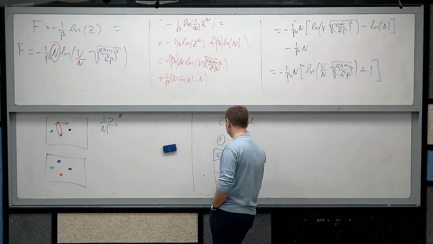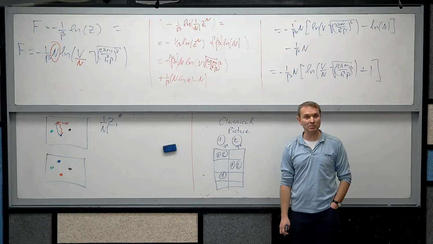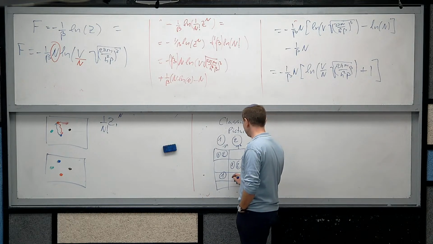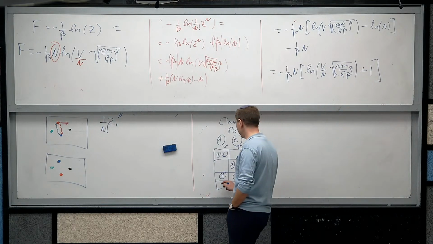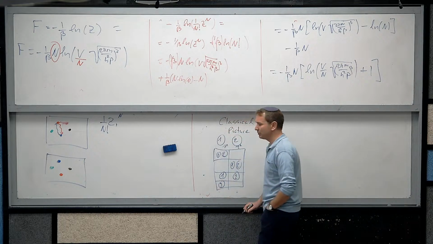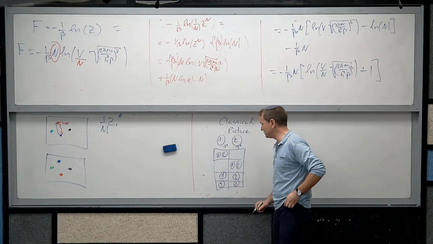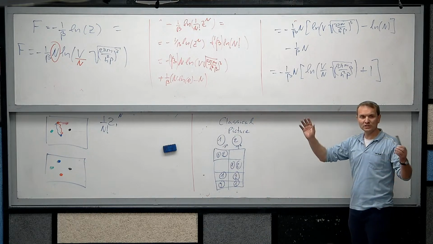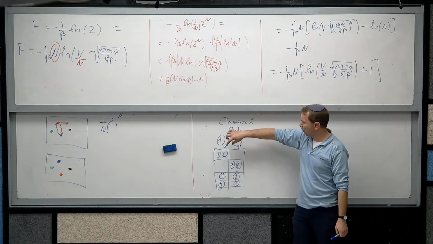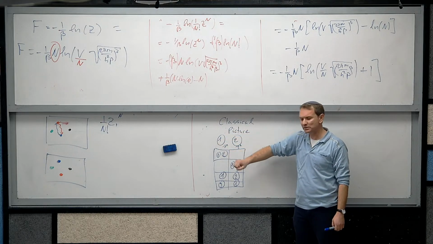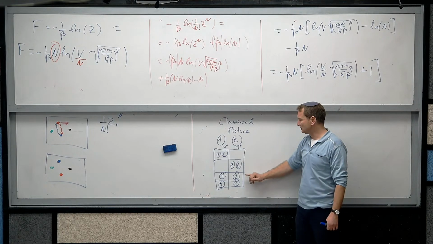I can have the particle number 1 is sitting in state number 1, particle number 2 is sitting in state number 2, and I can have the particle number 2 is sitting in state number 1, and particle number 1 is sitting in state number 2. Okay. So these are all the possibilities. I have two states, I have two particles, either both of them are occupying the same state, like here and here, or they both occupying different states, like here and here.